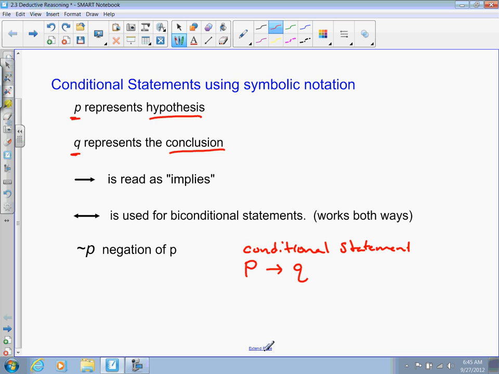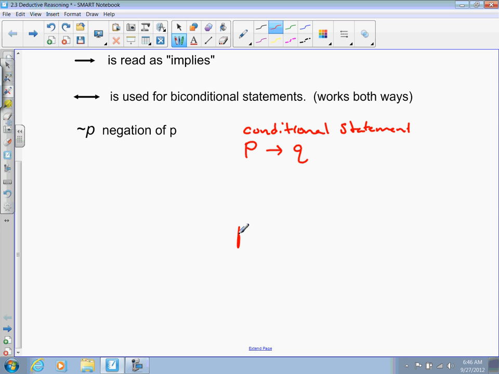So I could write the not of P implies not Q. And what statement would that be? When you negate them, that would be the inverse. The inverse was where we negated it. So if P doesn't happen, then that implies that Q doesn't happen.